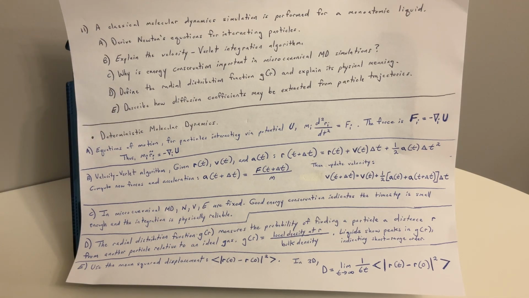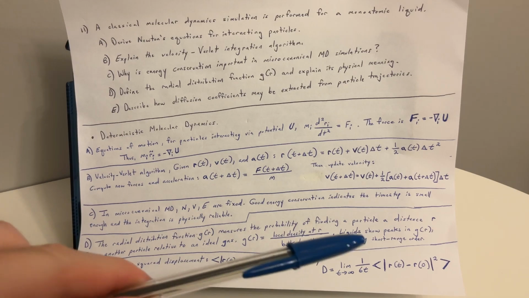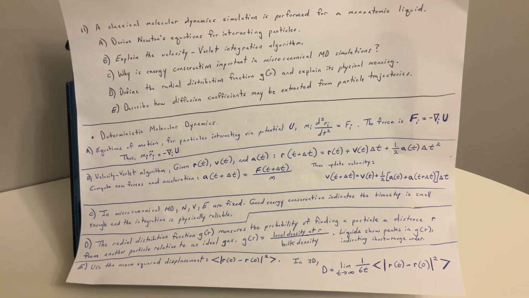Part D, define the radial distribution function g(r) and explain its physical meaning. The radial distribution function g(r) measures the probability of finding a particle at distance r from another particle relative to an ideal gas. g(r) equals the local density at r over bulk density. Liquids show peaks in g(r), indicating short range order.